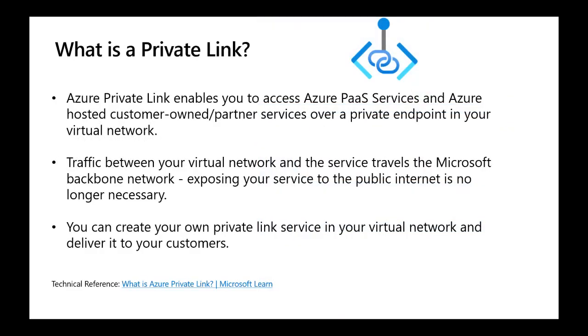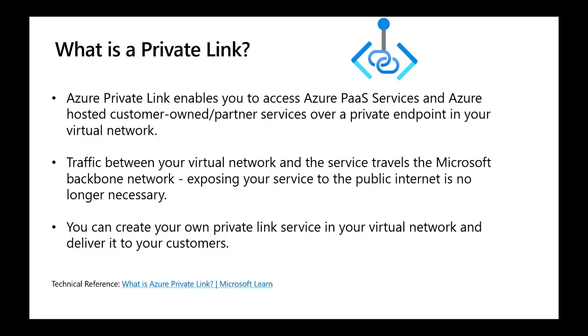So to begin, private link is a secure and scalable service that provides private connectivity from a virtual network to an Azure PaaS service, customer-owned or Microsoft partner service. In this case, PaaS service examples can be Azure Storage and your SQL database. So traffic between the virtual network and the service travels through the Microsoft backbone, so you don't expose this service to the public internet.